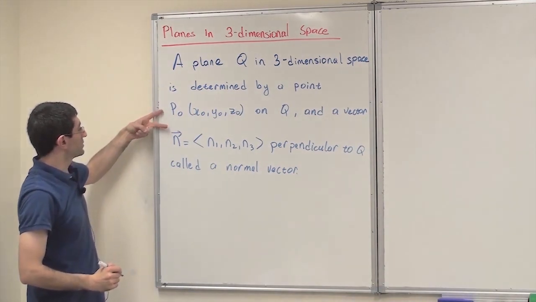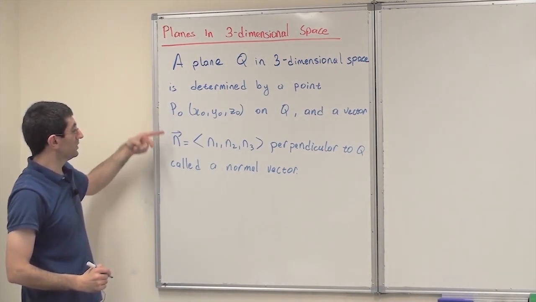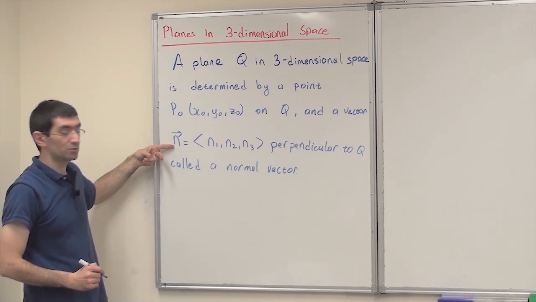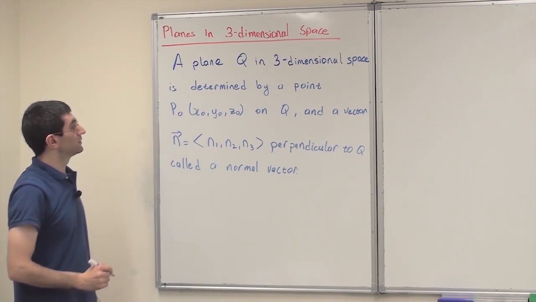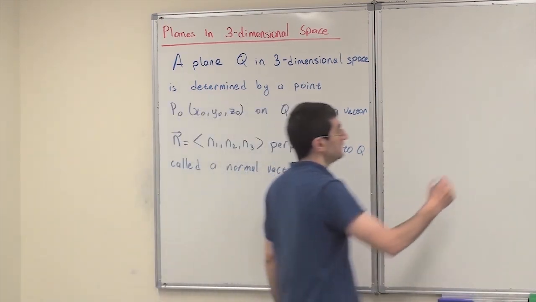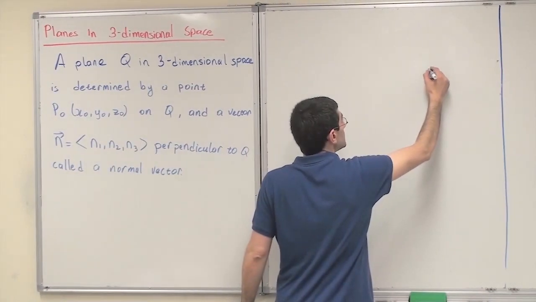So, with the help of these two pieces of information, a point on Q and a vector perpendicular to Q, we will be able to determine the plane equation as follows.